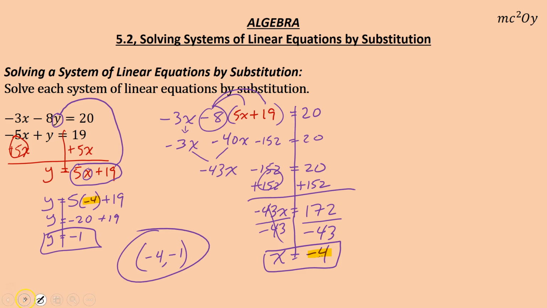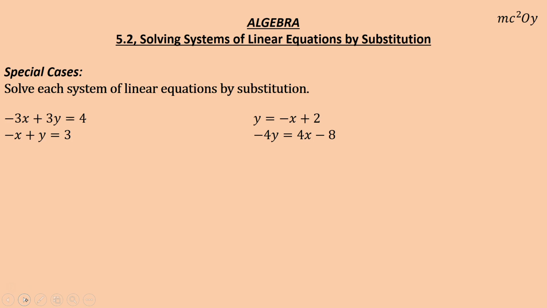All right, so there are two special cases we need to worry about when solving systems. One of them is a no solution situation. The other one's an infinitely many. Remember, when you're looking at them graphically, a no solution is parallel lines.